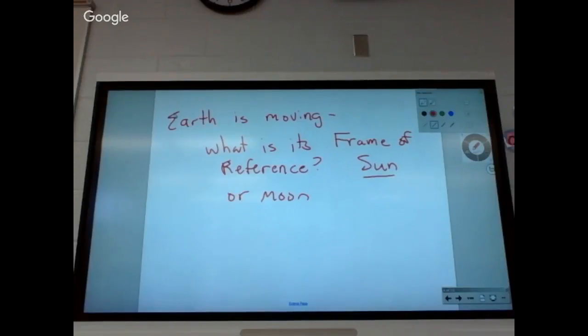In E, a passenger on one of the subway trains looks out the window and sees another train standing still. Window. You could say the train that is standing still. The window, on which train?